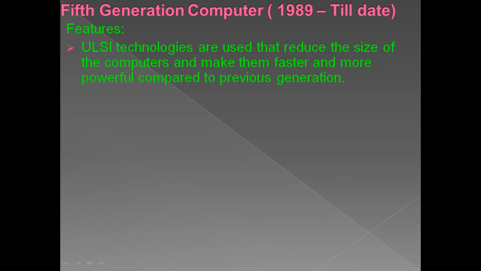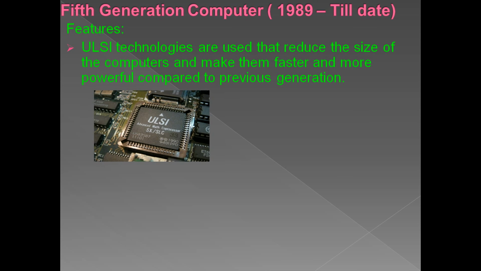ULSI means ultra large scale integration chip. In the first generation it was vacuum tube, second generation transistors, third generation IC, integrated circuit, fourth generation LSI and VLSI, and in fifth ULSI, ultra large scale integration. So this is the image of an ultra large scale integration chip.